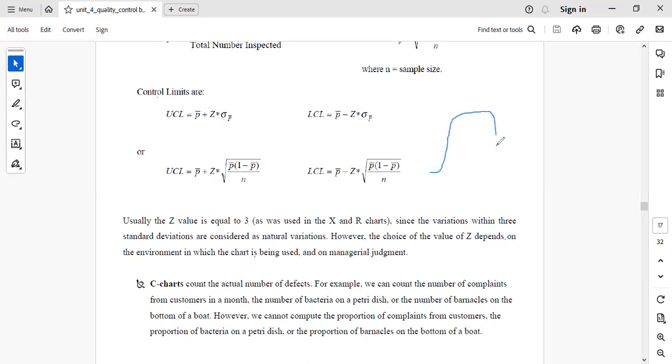I don't know if you recall the normal distribution table. If you can recall the normal distribution, then we say that this is the rejection region, and inside here we have the required region.